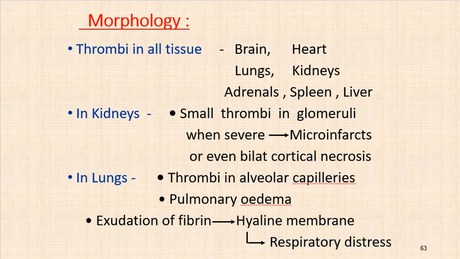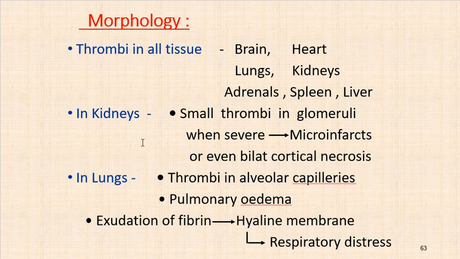The morphology of the disease, how this complication presents, along with the signs and symptoms of the causative disease: there are small thrombi in all tissues, in the brain, in the heart, in the lungs, in the kidneys, in the adrenals, in the spleen, in the liver, and they will produce signs and symptoms according to the organ involved.